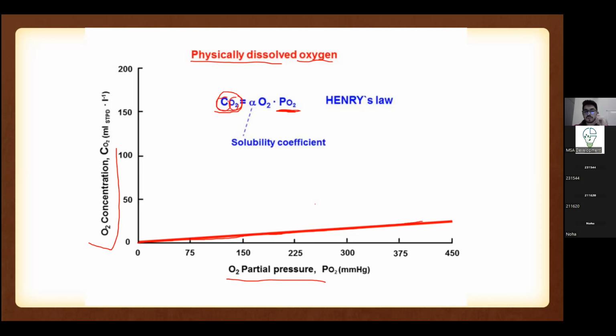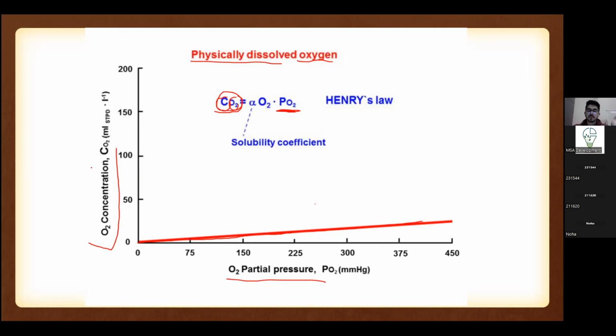This is not CO2, this is the concentration of oxygen. So as partial pressure increases, you are going to see an increase in O2 concentration. As much as you can increase partial pressure, O2 concentration is going to keep increasing in the physically dissolved form.